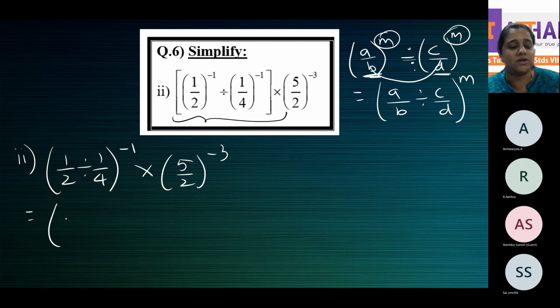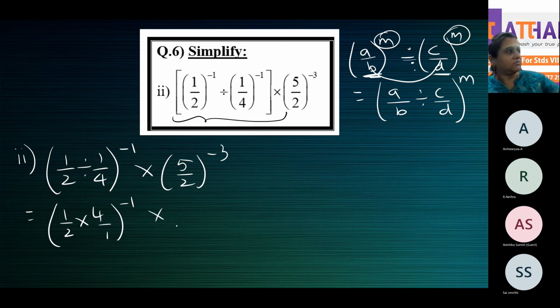Then what will happen here, children? 1 by 2 into 4 by 1, that power minus 1 as it is. Into here, you can make some change here, no? 2 by 5, then to the power. You're confused here. Should you write the reciprocal or the equivalent?